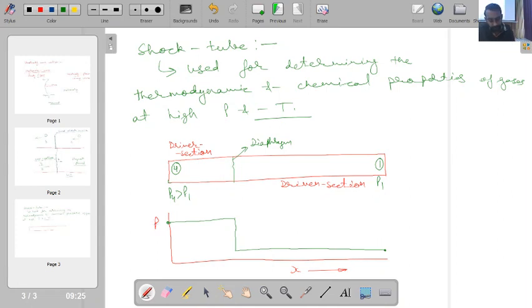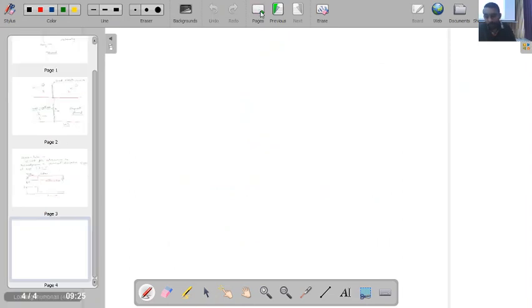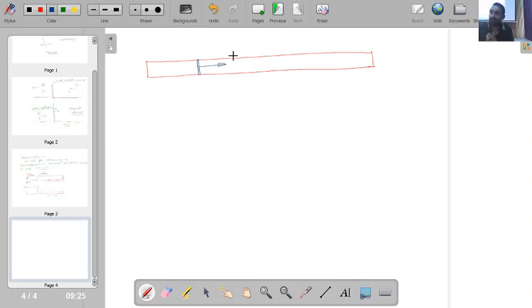Now what we are doing is rupturing this diaphragm. If we rupture the diaphragm, what will happen? There will be two implications. First, my shock wave will originate at the diaphragm, and that shock wave will keep traveling towards the driven side.